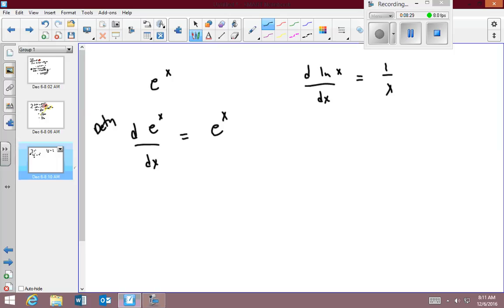And then we're going to show you the chain rule for this. If you have e to the g of x, some function up there, the derivative with respect to x is still e to the g of x, times the derivative of g of x.